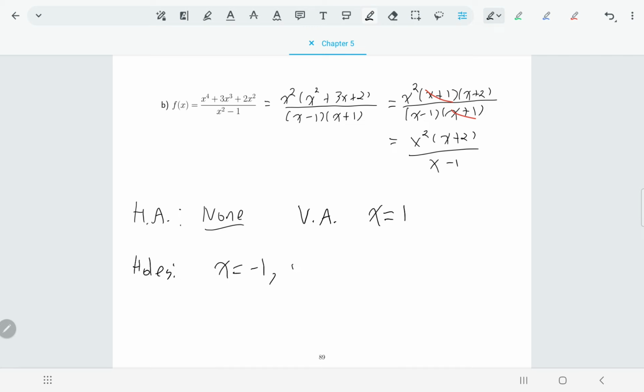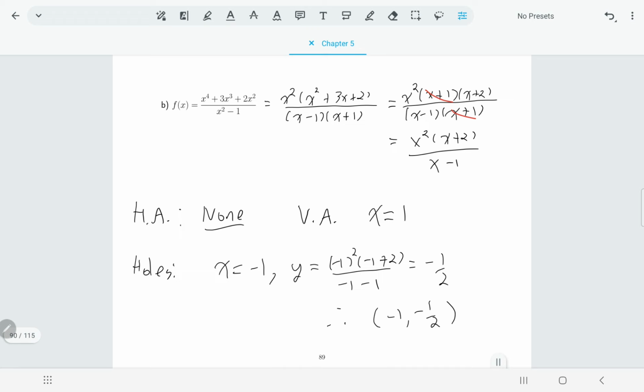And of course, we want to know what the y value is, and we use the simplified version of our function to figure out what the y value is. So putting in negative 1 for x, we'll get negative a half. So we will have the point negative 1, negative a half as a hole on our graph.